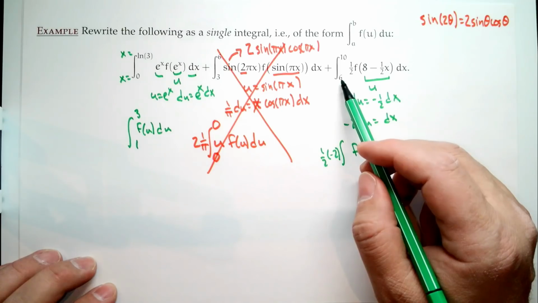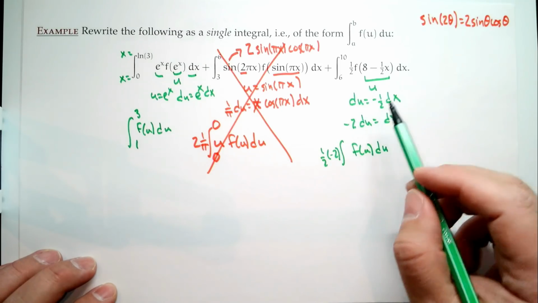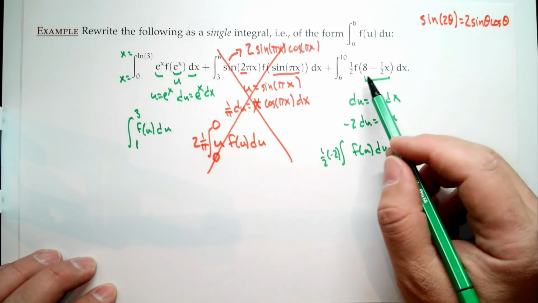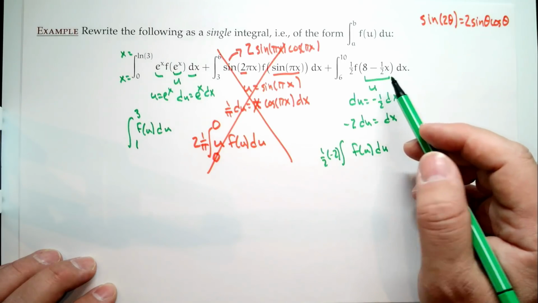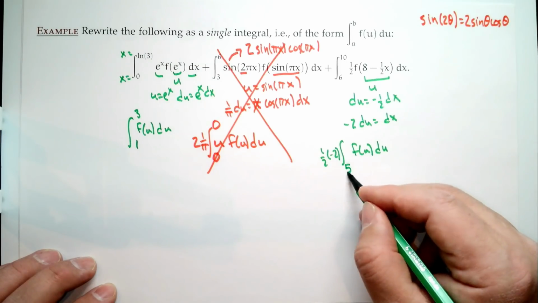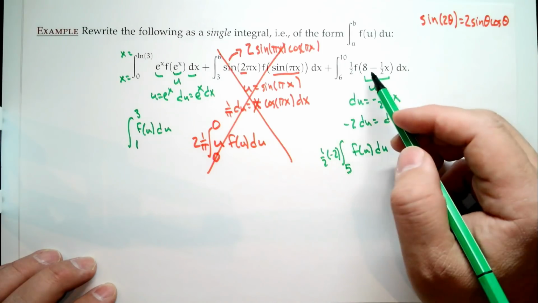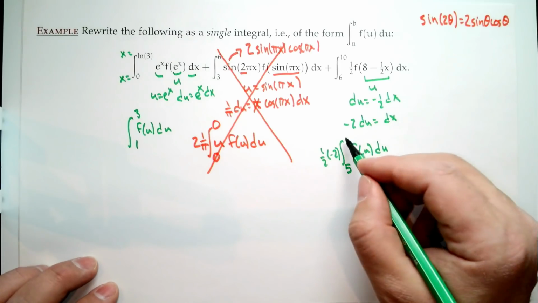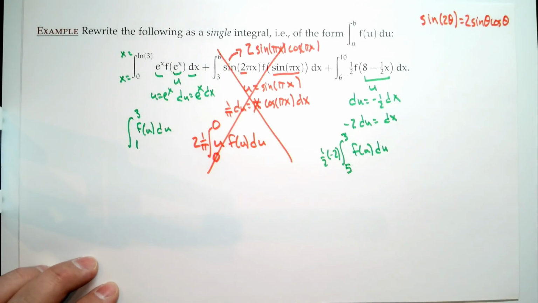When we plug in 6, what do we have? Well, 8 minus a half times 6. That's 8 minus 3, which is 5. Plug in 10: 8 minus 1/2 times 10. That's 8 minus 5, which is 3. Now there's something we can do here. There's probably several things we can do here.